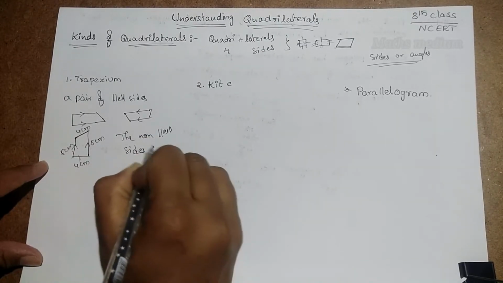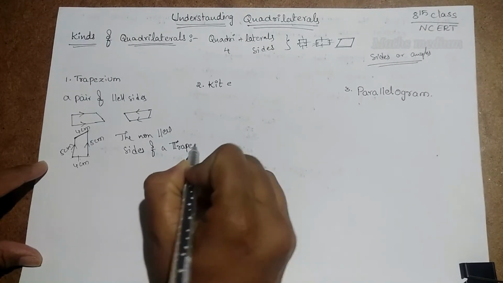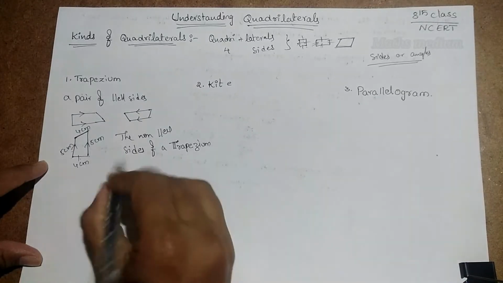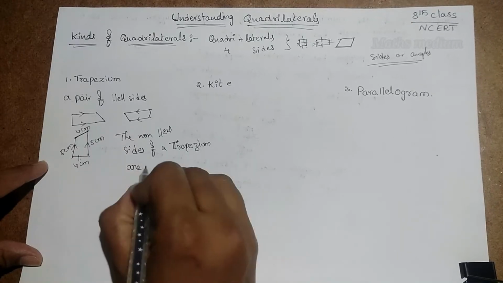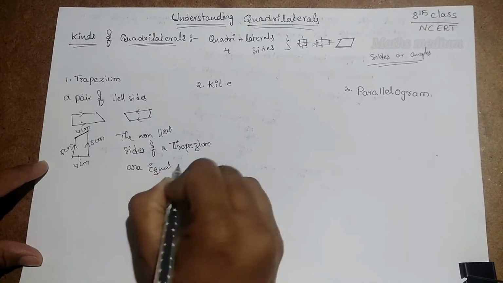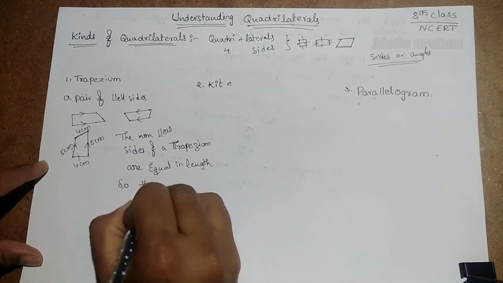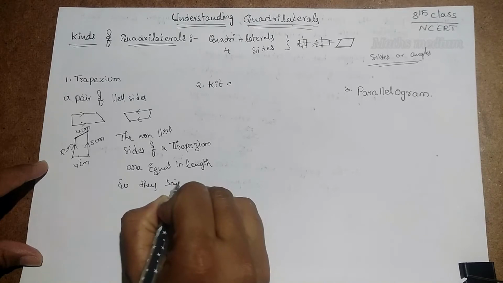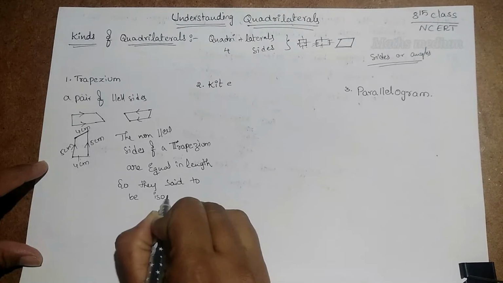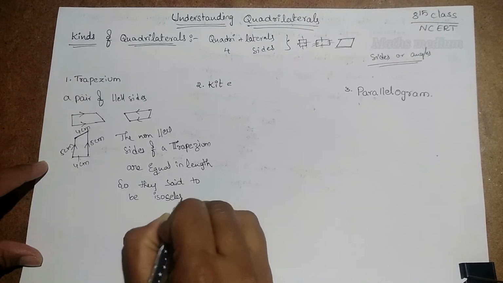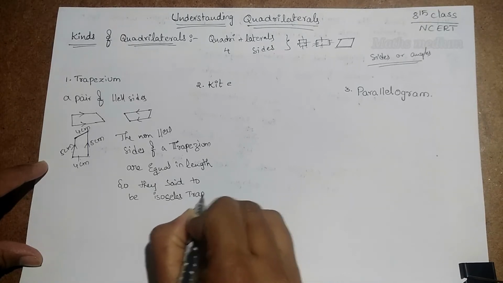Let it be. So if these are two parallels, and the non-parallel sides of a trapezium are equal in length, then they are said to be an isosceles trapezium.